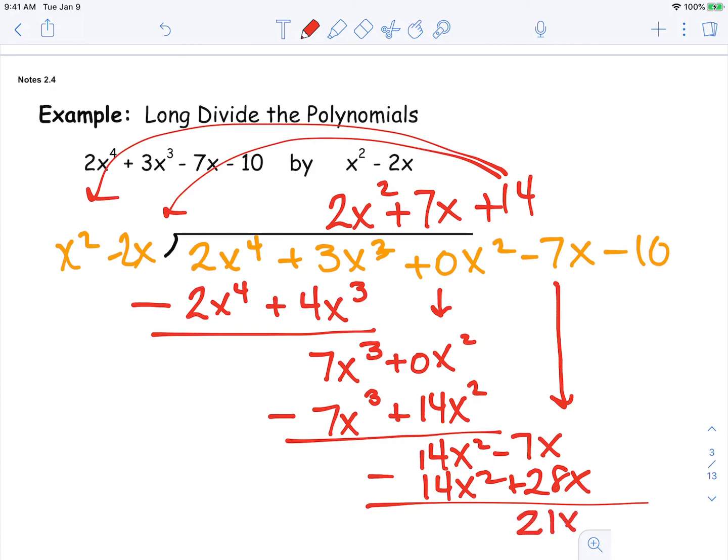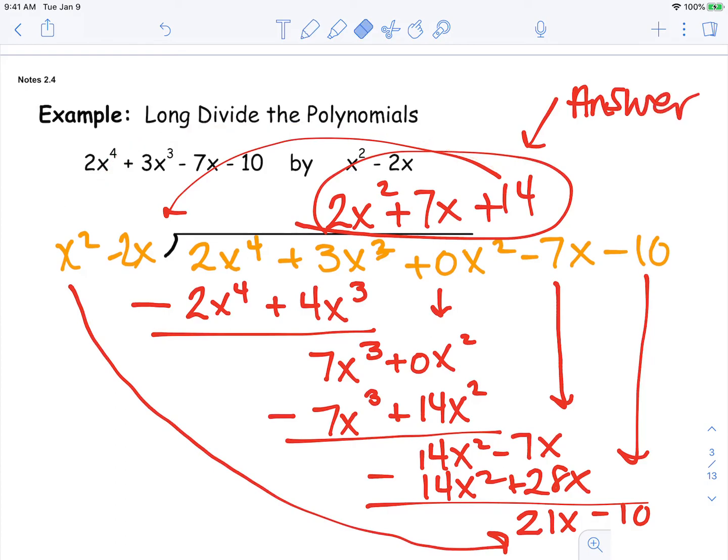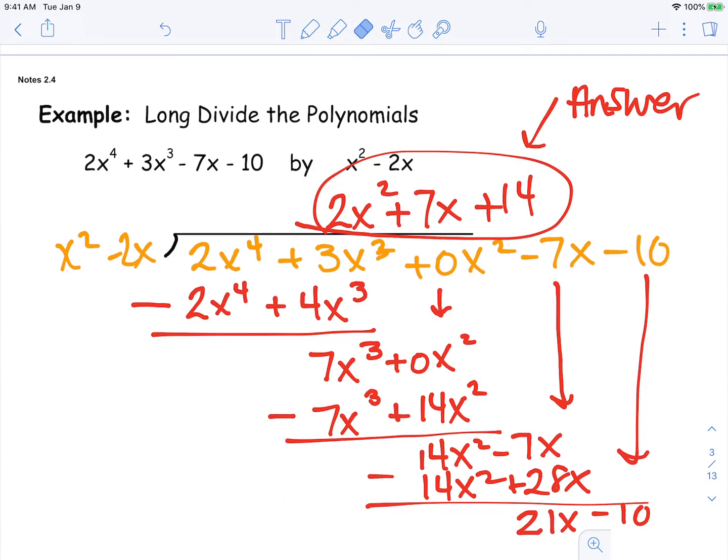Simplify and bring down that last term. All right. We can't divide x squared into a smaller variable. So this will be our final answer. And that's how you do long division.